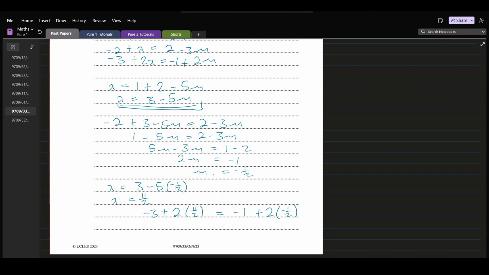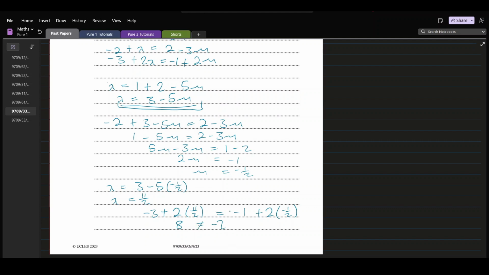If we simplify this, that's negative 3 plus 2 times 11 over 2. So the left-hand side is 8. And then our right-hand side is negative 1 plus 2 times negative 1 over 2. And that gives us negative 2.